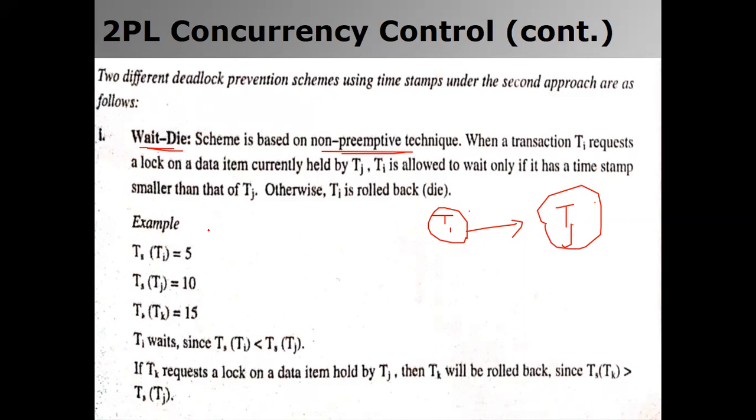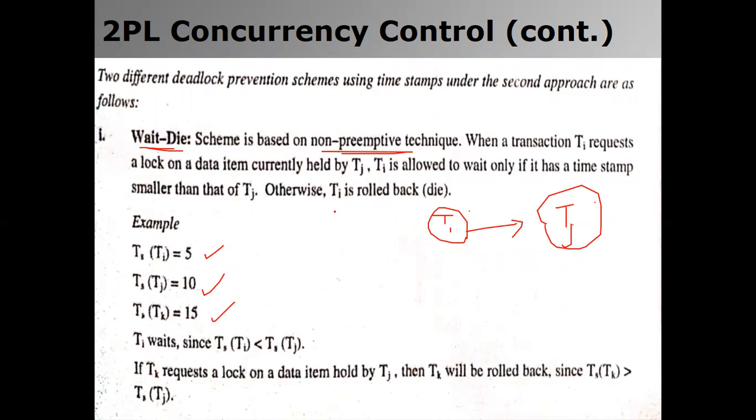So let's take some timestamp values. The timestamp value of Ti is 5, which is the older transaction. The timestamp value of Tj is 10, the younger transaction. And the timestamp value of Tk is 15, the youngest transaction.